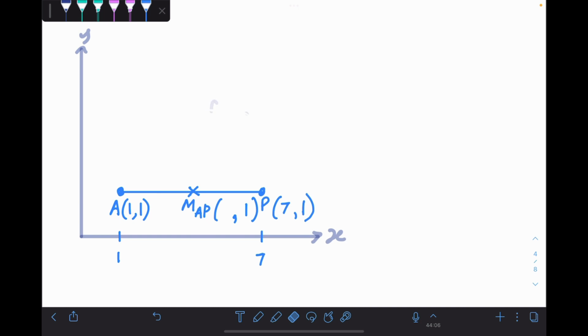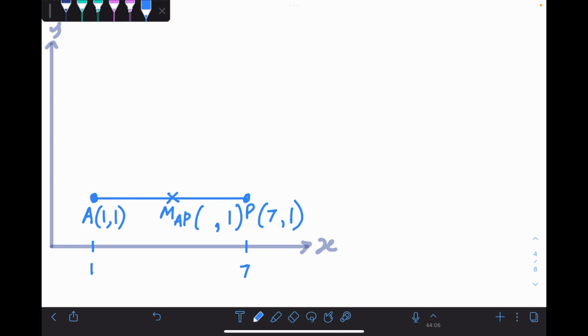Let's get this out of the way. My 2 numbers, what were they again? Oh yeah, 1 and 7. 1 plus 7 divided by 2 is equal to 8 divided by 2, because 1 plus 7 is 8.